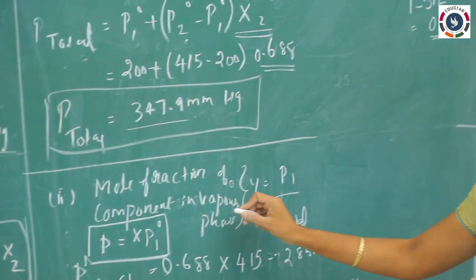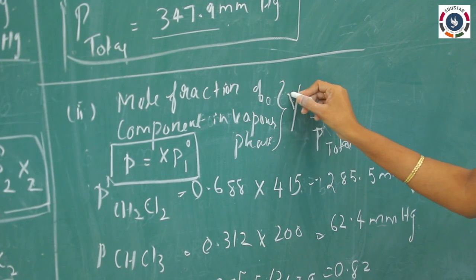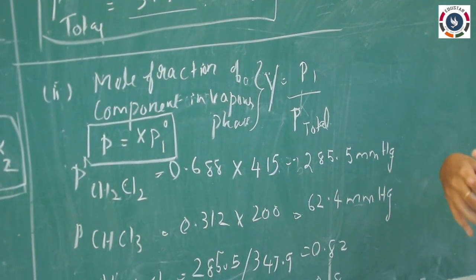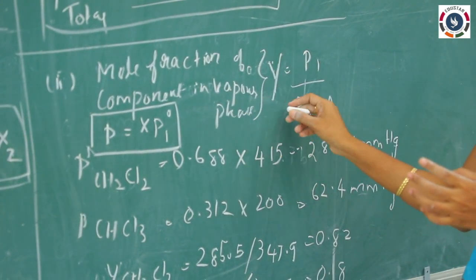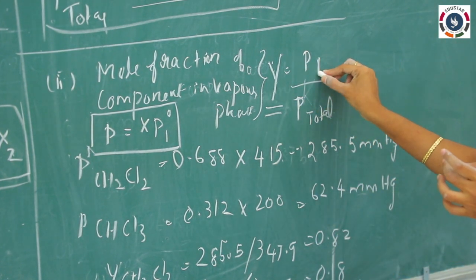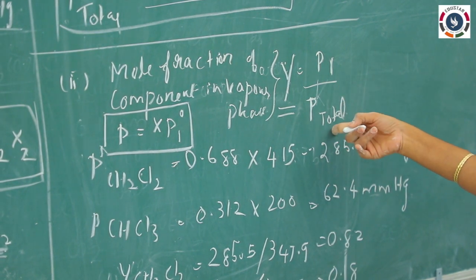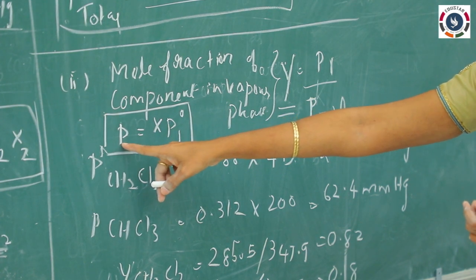Mole fraction of a component in vapor phase is represented as Y. X means the normal mole fraction for all the components, but Y represents the mole fraction of a component in the vapor phase alone. So Y is equal to P1, any particular component, divided by the total pressure of the solution. So this is the main formula.